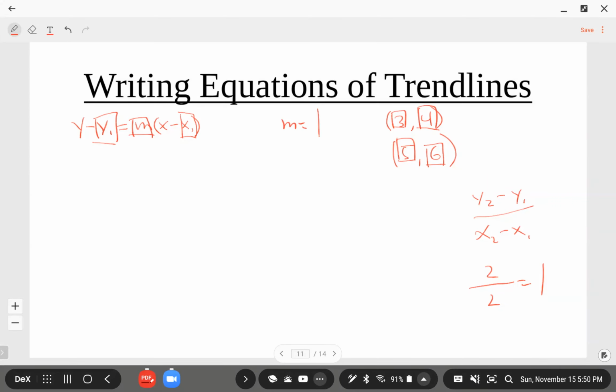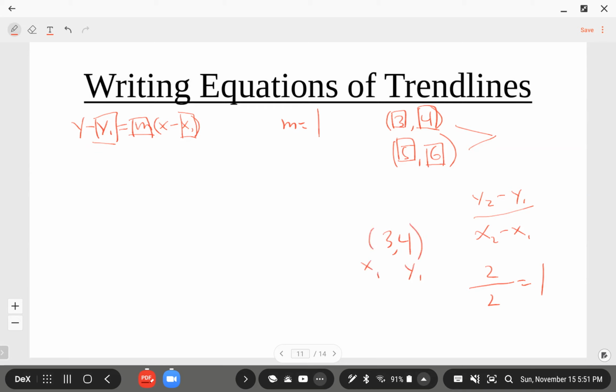Next, we have to substitute y1 and x1 for actual numbers. You can use any of these points. We have 2 points, so let's just choose 3, 4. The y1 will be 4 and x1 will be 3.